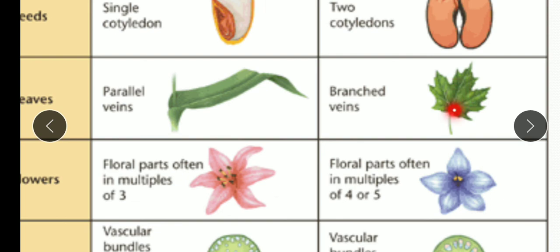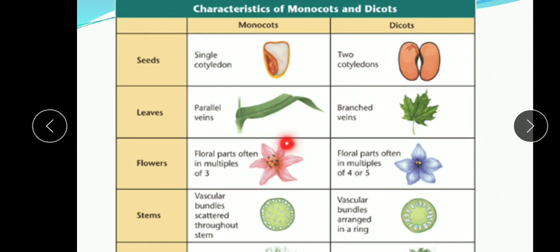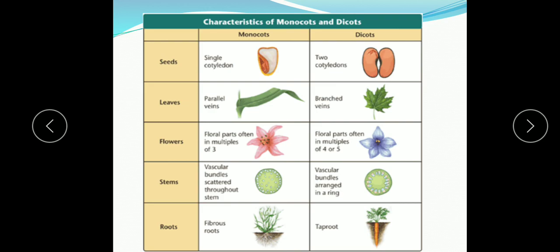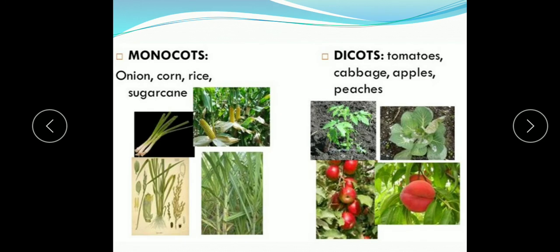And if branched veins are there, that is the reticulate venation, then the shown plant is a dicot. This is the easiest way to identify dicot and monocot plants if the specimens are placed in front of you and seeds are not shown to you. So this is all about the angiosperms.